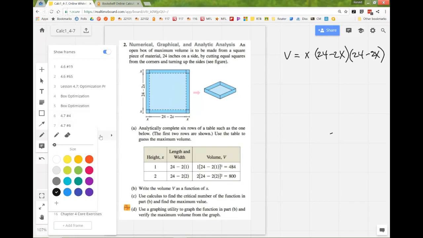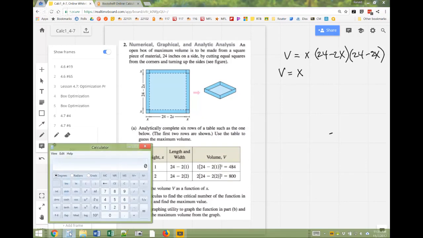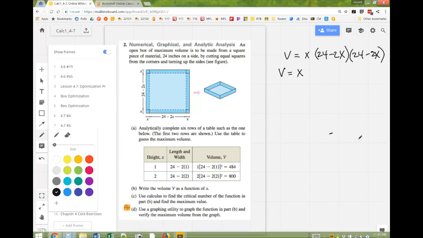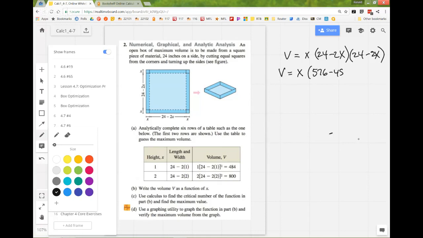Now, let's get this multiplied out here. So first, let's do the 24 minus 2x times 24 minus 2x. So 24 times 24, we're 576. 24 times negative 2x, minus 48x. Negative 2x times 24, negative 48x.